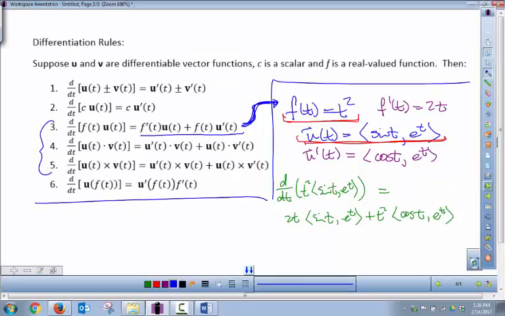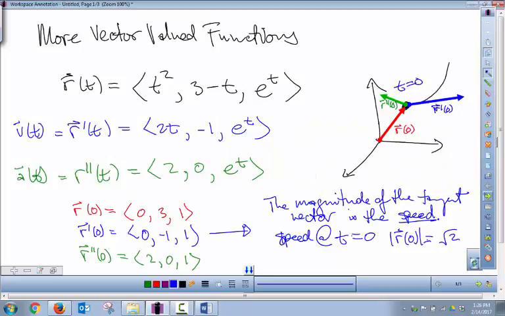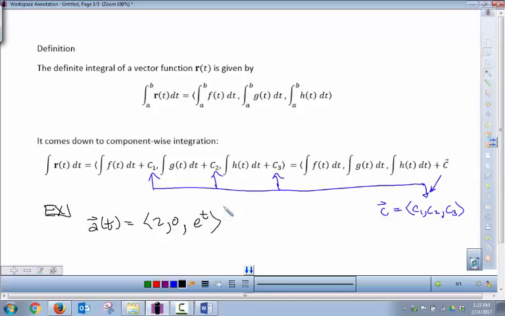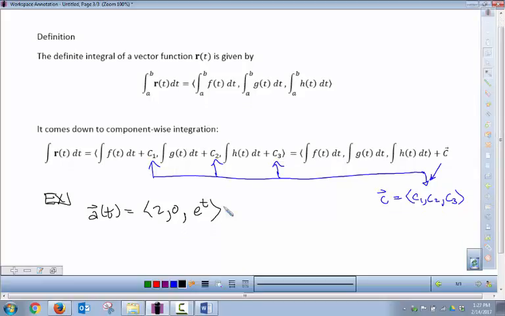I'm going to steal one of the problems that we were just working on, 2, 0, e to the t. Let's say we had a vector valued function that was 2, 0, e to the t, and we want to anti-differentiate this.